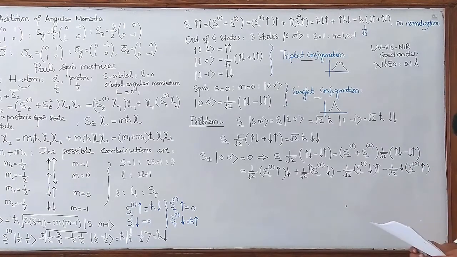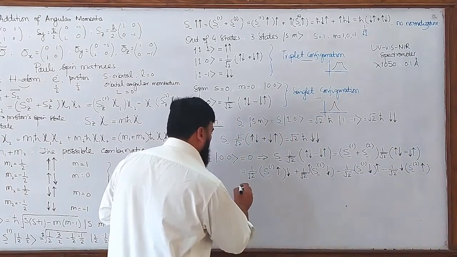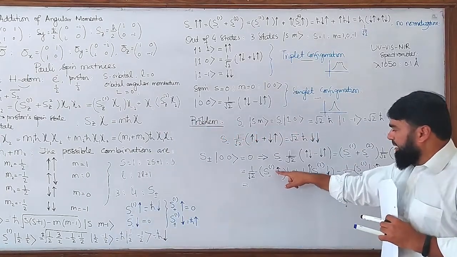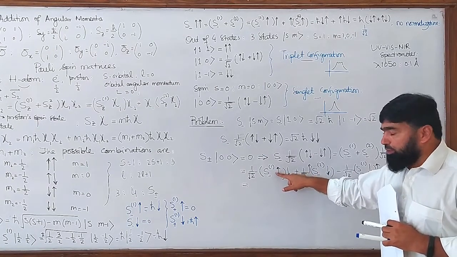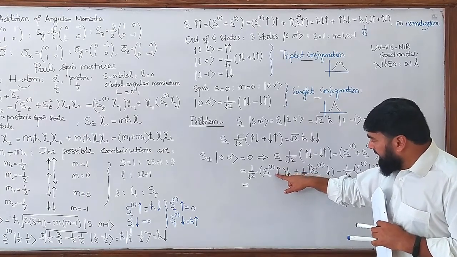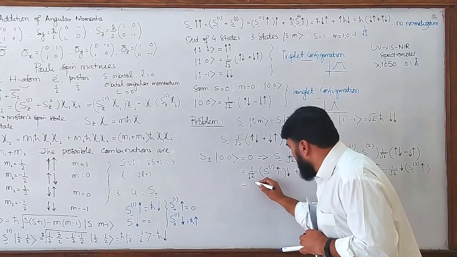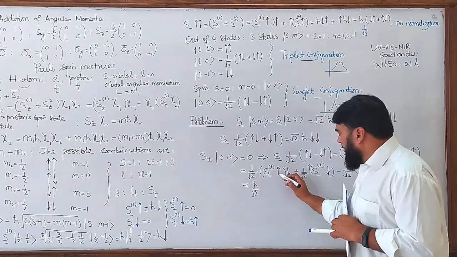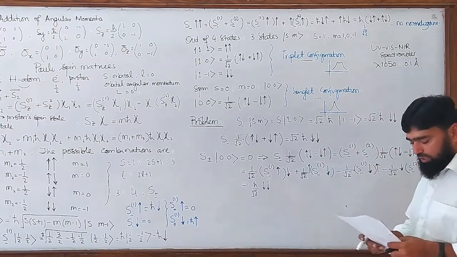So what will happen now here, this is S minus operating on 1. What will it do? It will generate h bar, not h cut. h bar, it will make it down. So you will get h bar over 2 and it will make it down and 1 is this one.